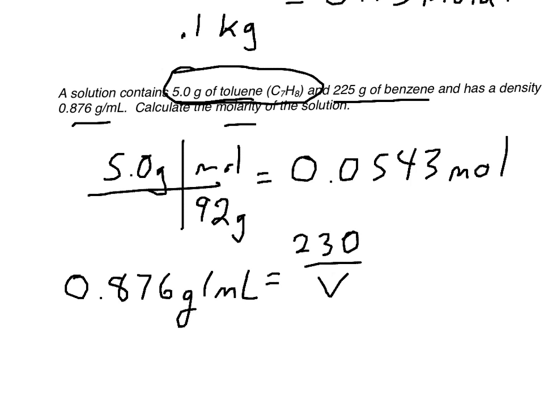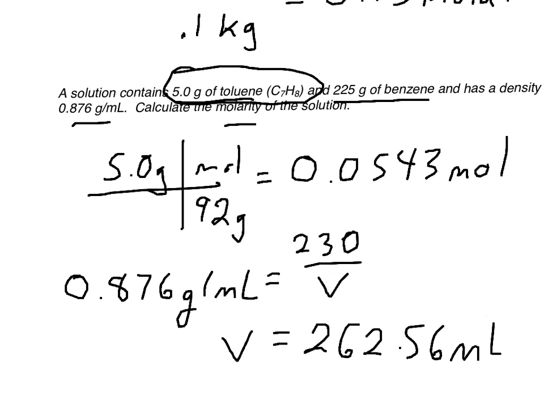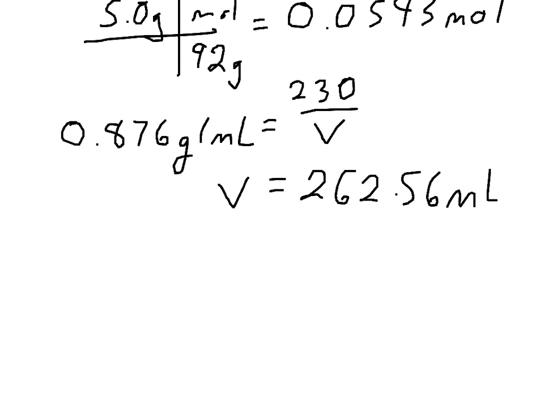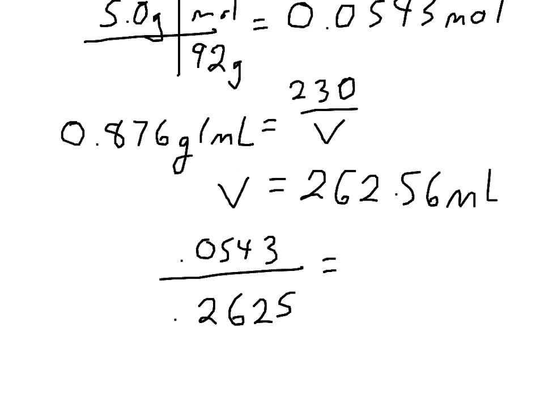So we can solve for volume and find that our volume is equal to about 262 milliliters. Once we have the volume, we can go ahead and solve for moles per liter, solve for molarity. Go ahead and change that milliliters to liters. And we end up with 0.207 molar solution.